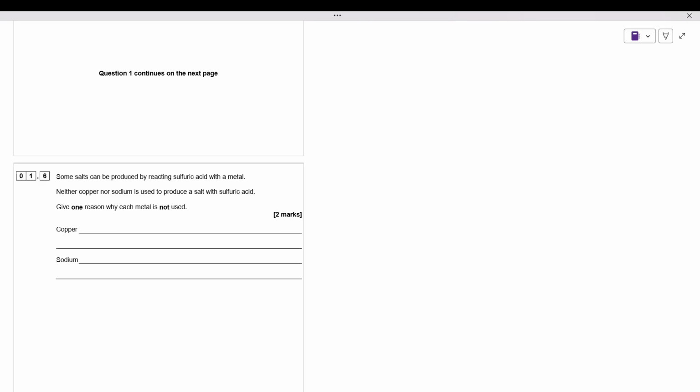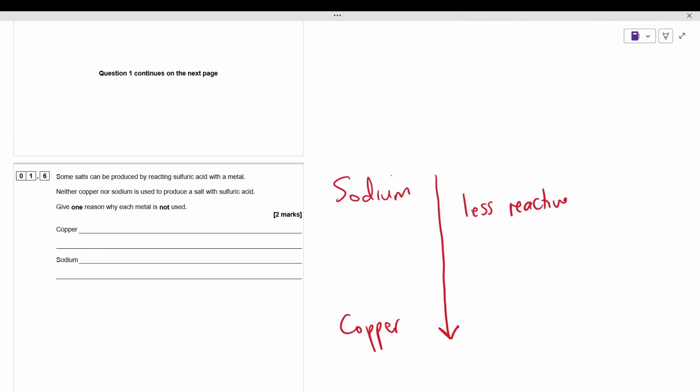If we're thinking about these, we're thinking about the reactivity series, right? So we know that sodium is somewhere at the top and copper is at the bottom. Based on the reactivity series, as we go down, it becomes less reactive.